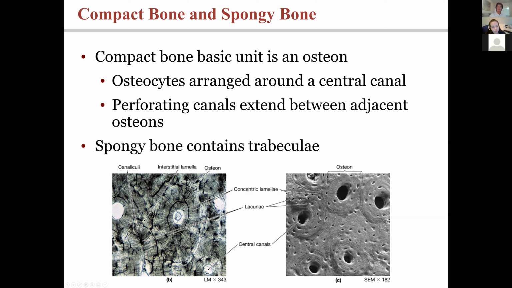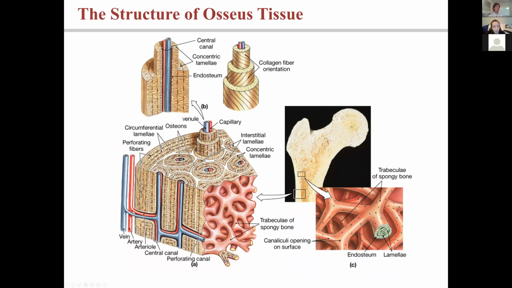Each osteon is going to contain a central canal. That central canal is where the blood vessels and nutrients are going to come from. These osteocytes need oxygen, they need nutrients, and these blood vessels are going to supply them. So that is compact bone.